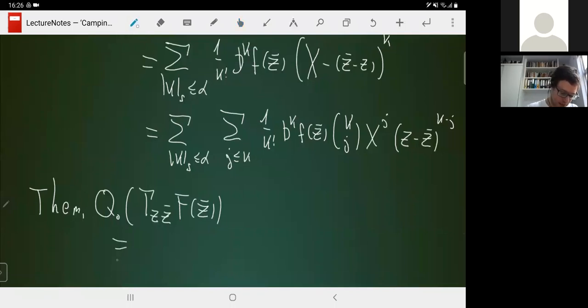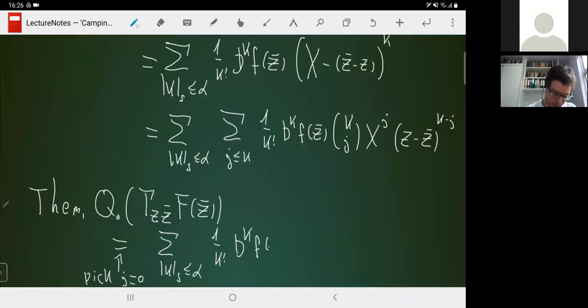So that's a sum over k less or equal than alpha of 1 over k factorial, D^k f of z bar. If j is equal to 0, this is equal to 1, the constant term 1. And this is z minus z bar to the k.